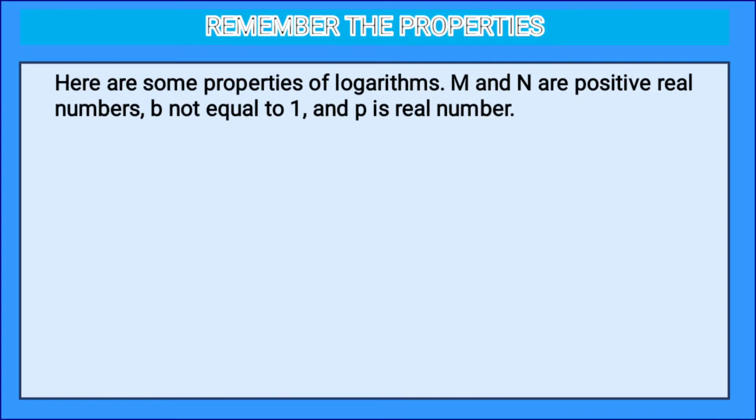Before we move forward to the illustrative examples, I would like you to remember these properties again. I know that you already encountered these in our previous lecture about logarithmic functions, but I would like to refresh your mind on the properties of logarithms, wherein m and n are positive real numbers, b is not equal to 1, and p is a real number.